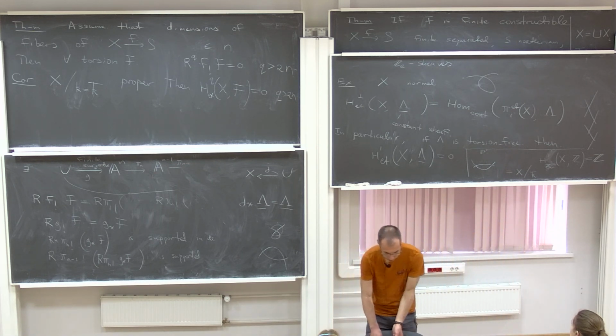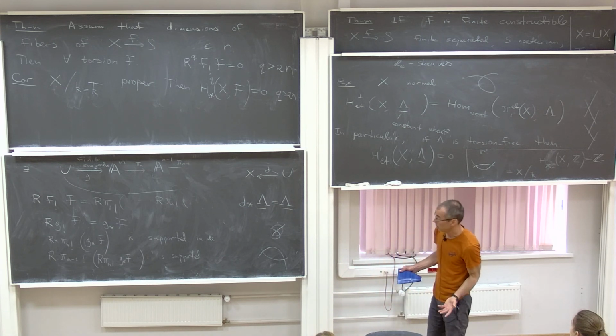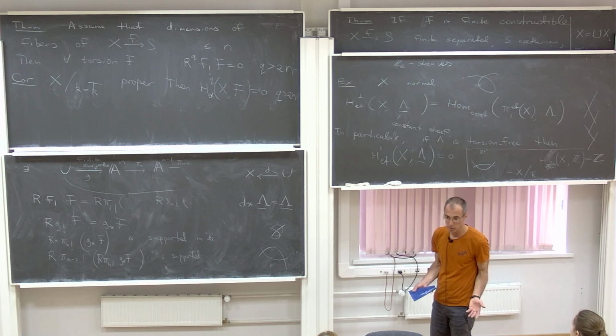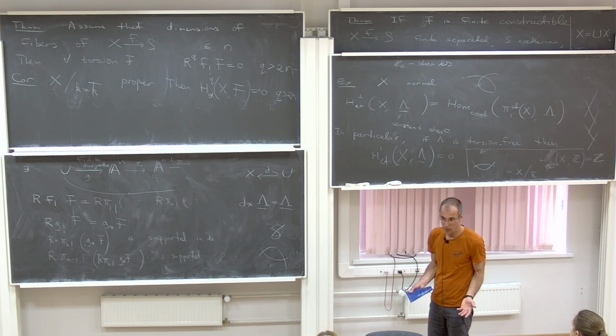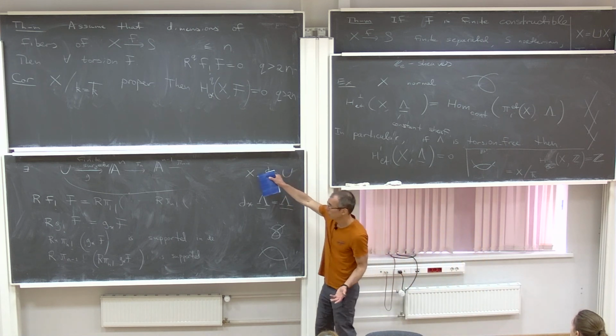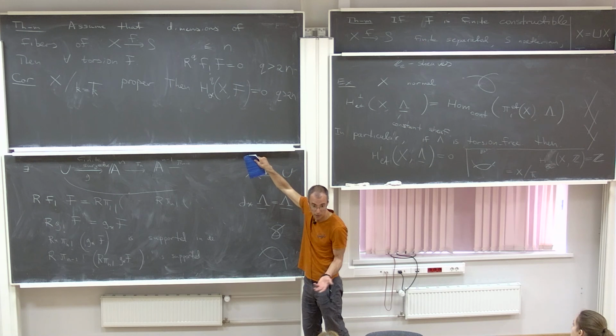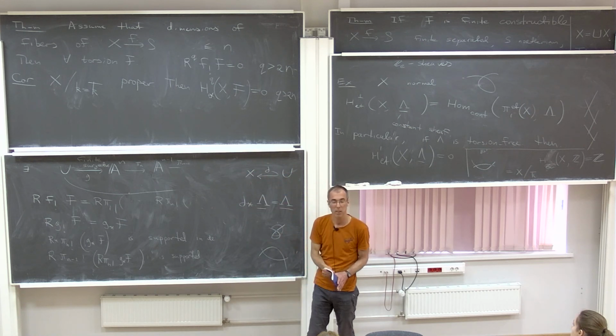Я не знаю, как это сказать. Но если у вас есть связная нормальная схема, то она автоматически неприводима. Если у вас есть нормальная схема и над ней этальный морфизм, то если x нормально, то и этальный морфизм тоже нормален. Поэтому, в частности, если он связен, то он неприводим.